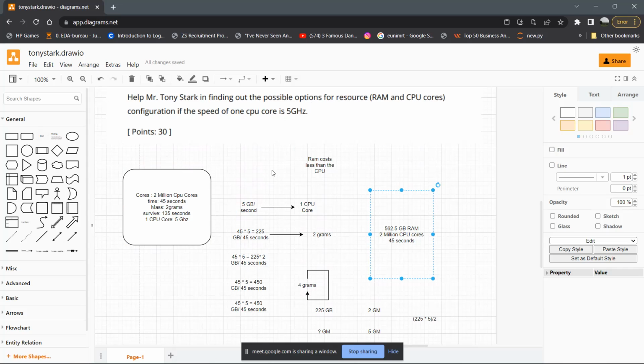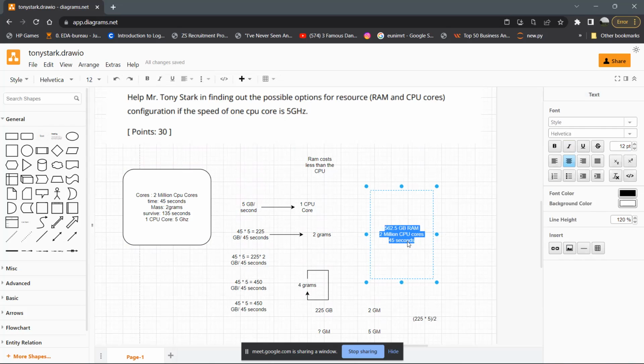So 5 GB is getting processed in 1 second, that is the frequency of processing. So if something is 10 gigahertz, then it means it's 10 GB per second. Oh, okay. I think now it will make a bit more sense.